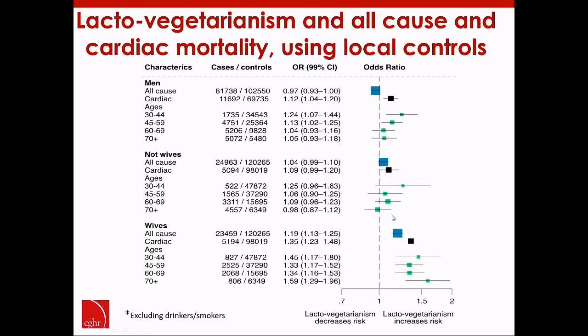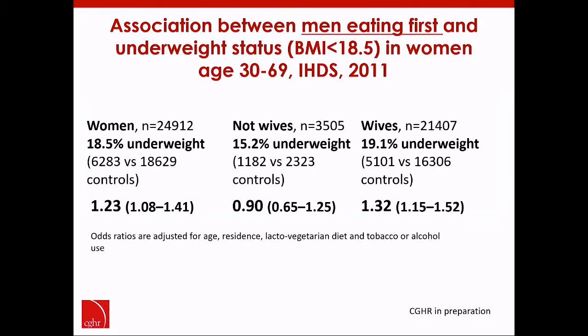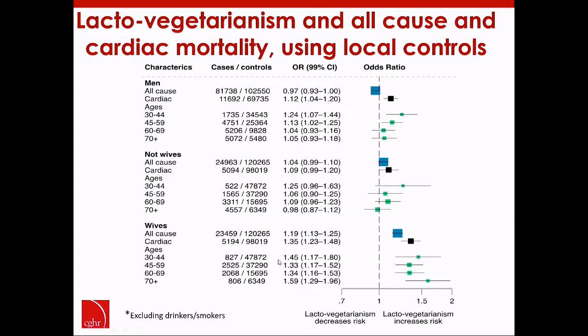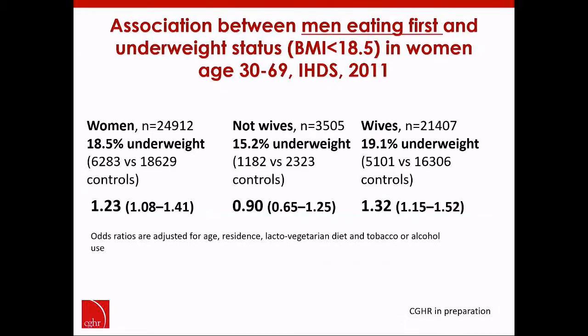Well, this very much reflects the dietary patterns in India, and in a related study, we were able to look at whether it was the underweight themselves among the wives, which is in greater proportion than in non-wives, that was contributing. And men eating first was an established risk factor in wives, but not in non-wives. And in women, it was an overall risk factor. And this is adjusted for the other exposures.